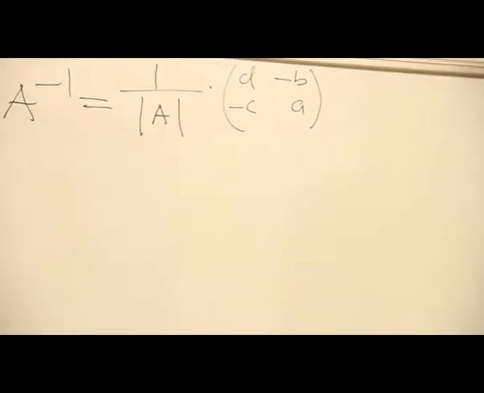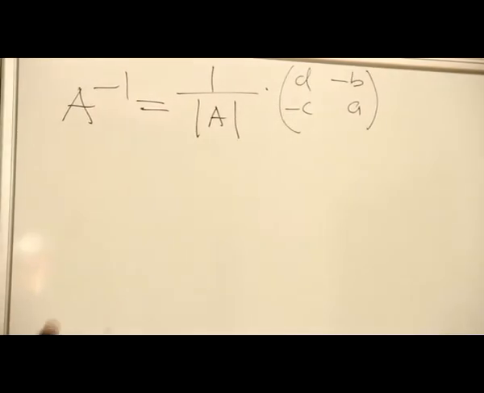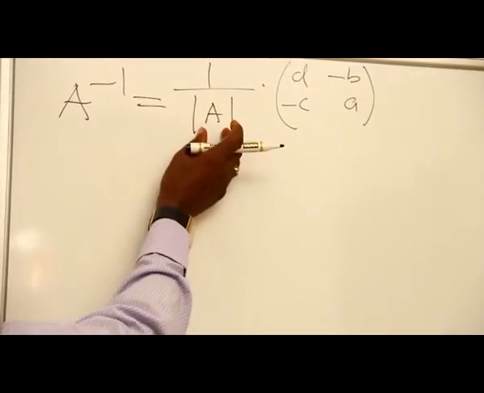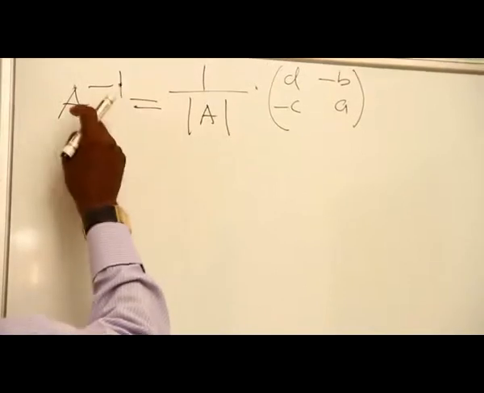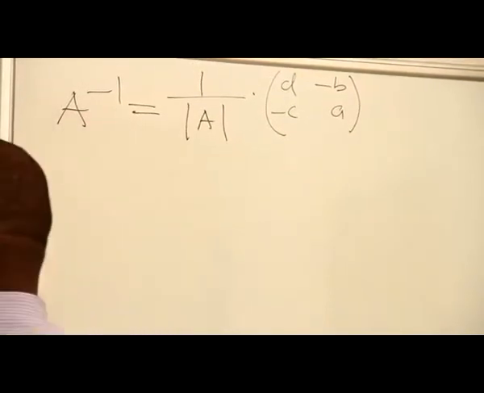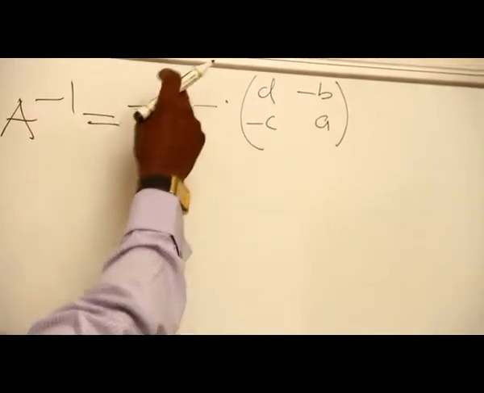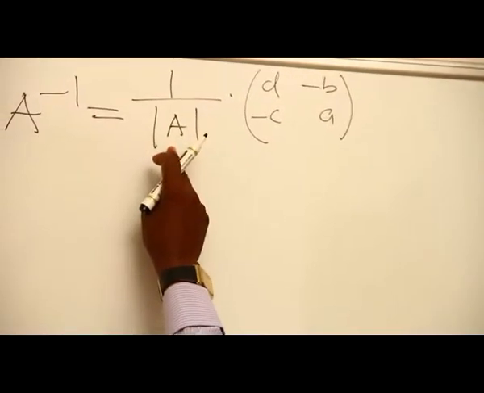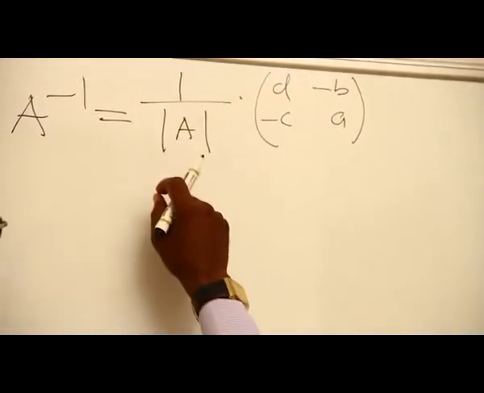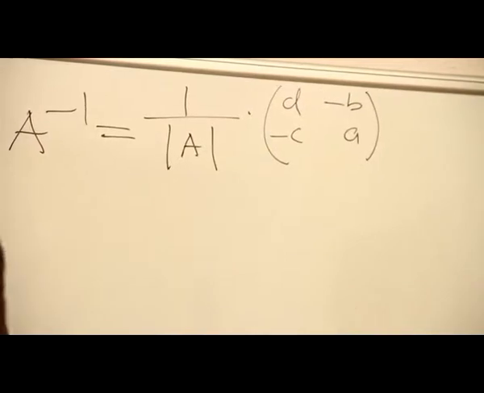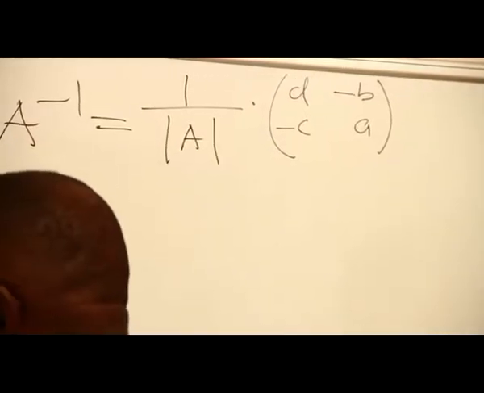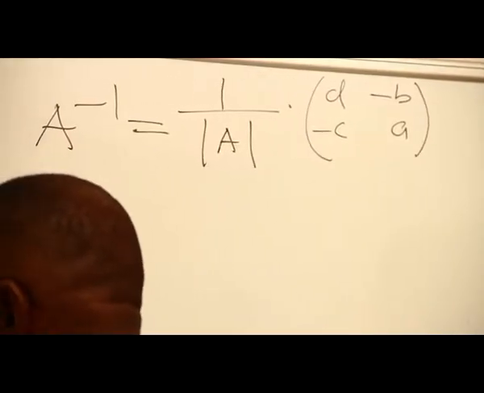Observe something that I have done here. We already know that this is the determinant. So the inverse of a matrix A is 1 all over the determinant times, you exchange the positions of the elements in the main diagonal.